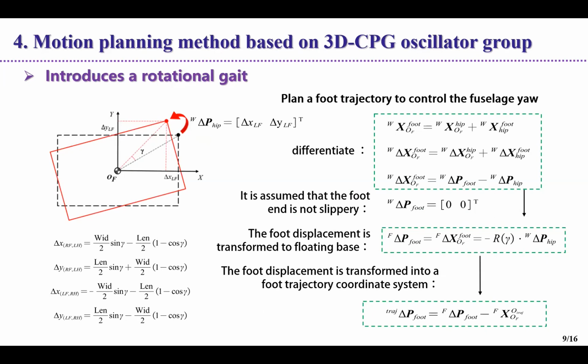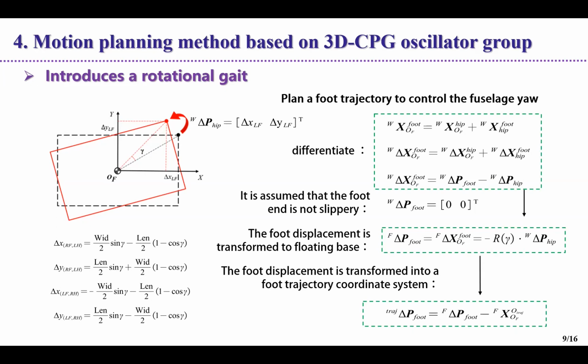Next, the innovative part of the research: the motion planning method is based on the 3D-CPG oscillator group, which can achieve all-round motion planning by planning the foot trajectory to control the yaw of the body.